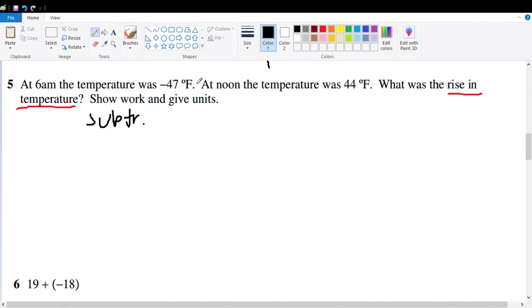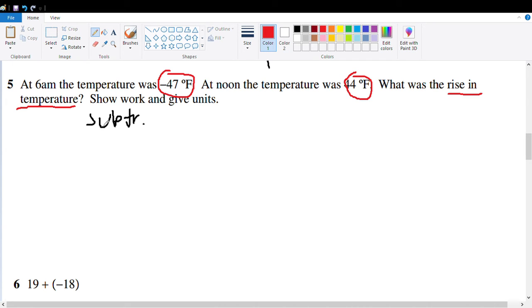And what we're going to subtract, with degrees Fahrenheit, is -47 and 44 from one another. But in subtraction, order matters. So you have to be careful which one you put first.